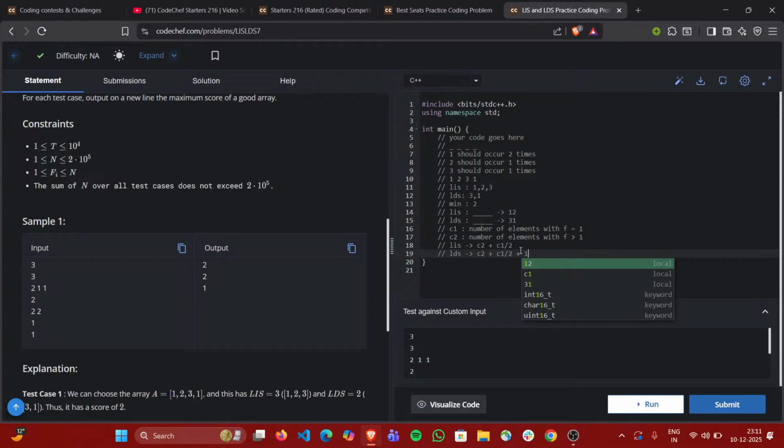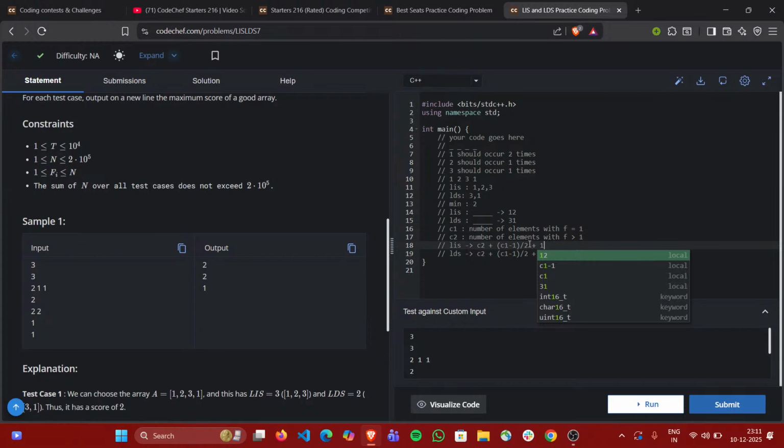So basically, it was not C1 by 2, it was C1 minus 1 by 2. I can assign one element on both sides now. C1 minus 1 by 2 elements on both sides, first of all, and then one element will be assigned to both sides. Do you understand each component?